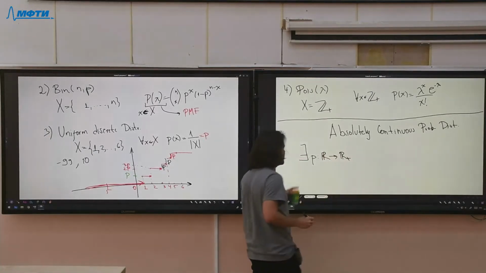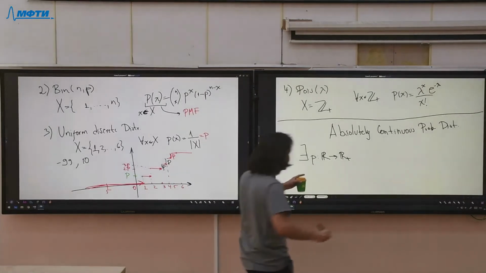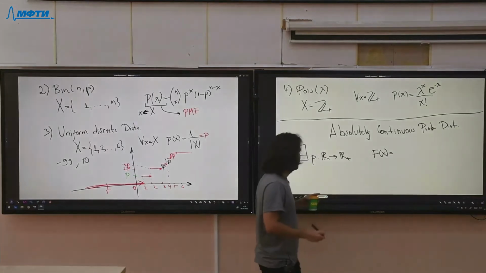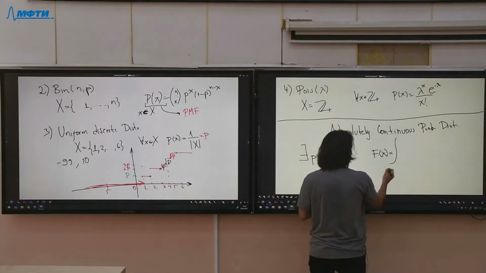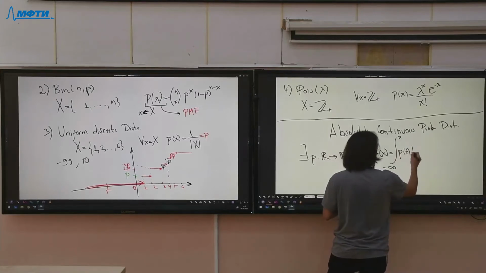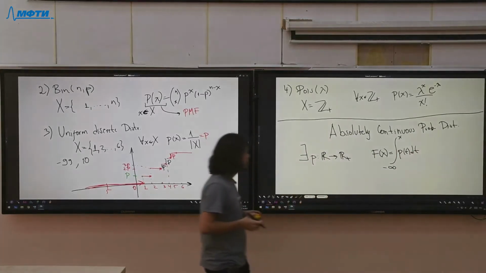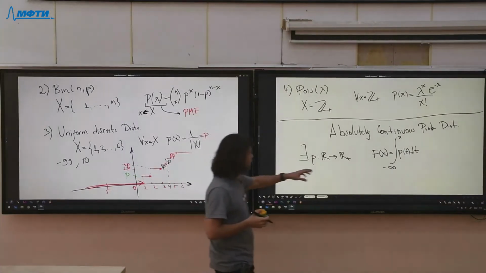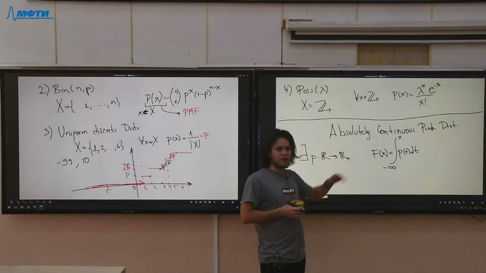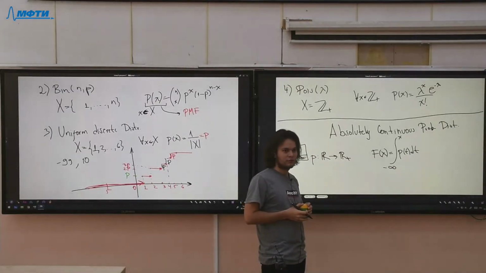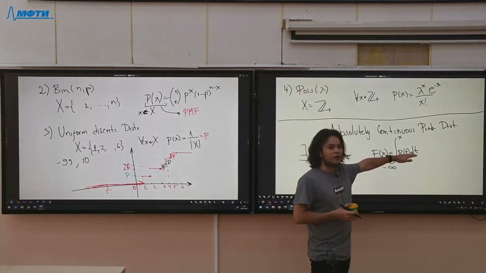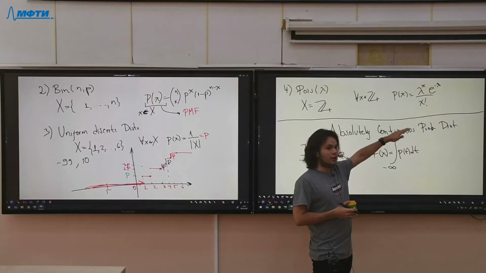So if there exists such a function, that the CDF is equal to the integral from minus infinity to x of this function, then this distribution is called absolutely continuous. So if there exists such function p, then this distribution is called absolutely continuous.